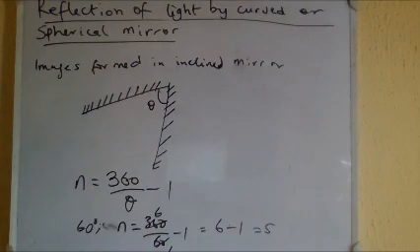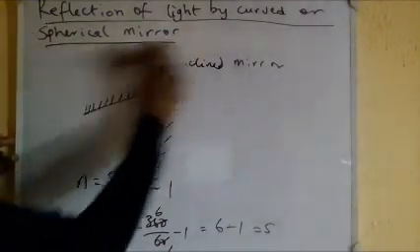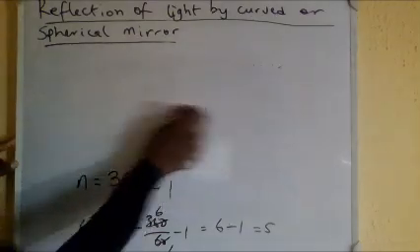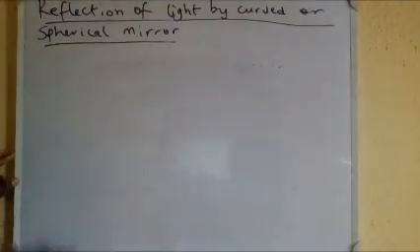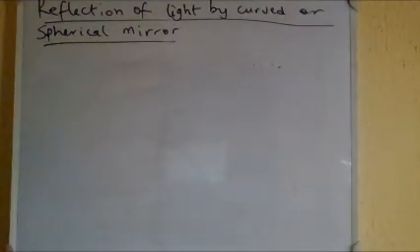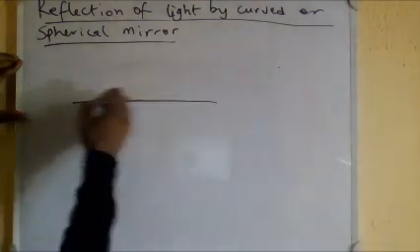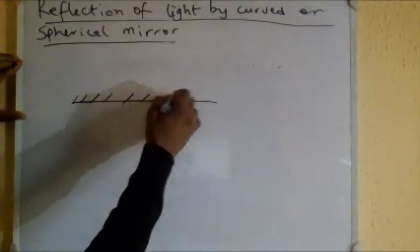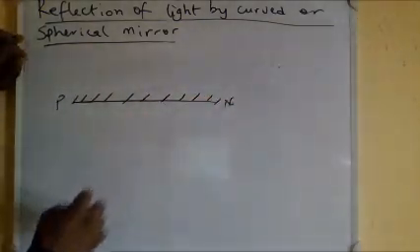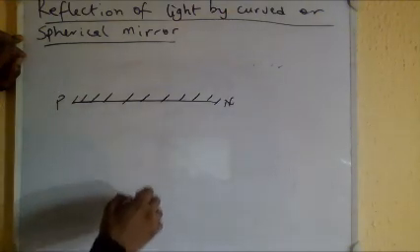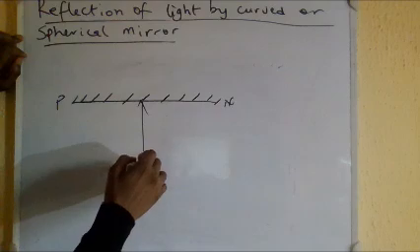Secondly, we will consider the effect of mirror rotation on a reflected ray. You call it the mirror galvanometer. So let's see how that turns out. If, for instance, we have a mirror like this, stationed at this plane PN, and you have an incident ray on it like this.